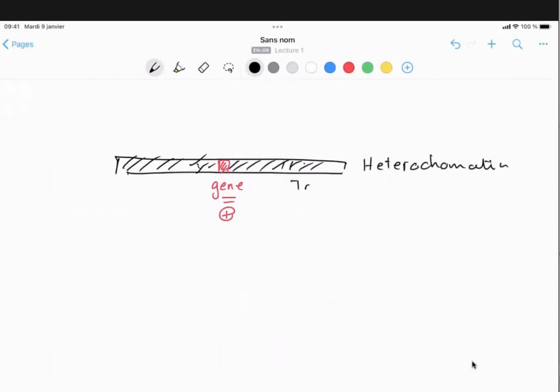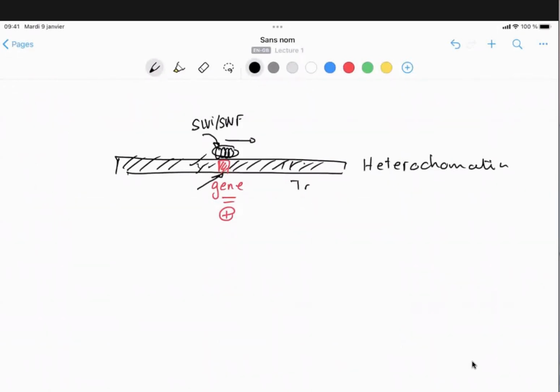So what is going to happen is that the nucleosomes that are surrounding the gene can be specifically targeted by the SWI/SNF. Okay. And when they are targeted by the SWI/SNF, these nucleosomes are going to move a little bit in order to free the gene, in order to be able to be transcribed.